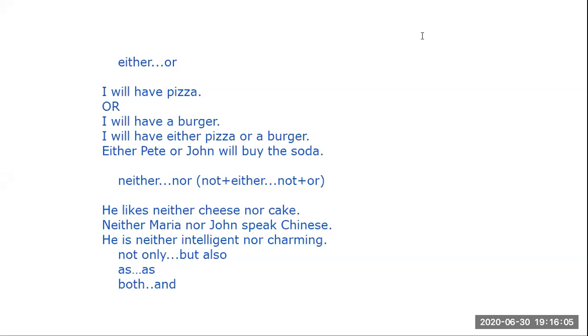It says either or, neither nor. We're comparing two things, or talking about two things, and they are similar things. So two nouns, two adjectives, two people, two actions. And we'll look later how we need to keep things parallel.